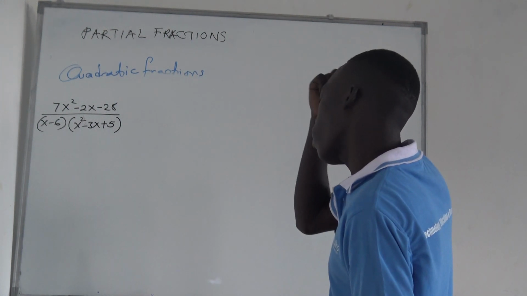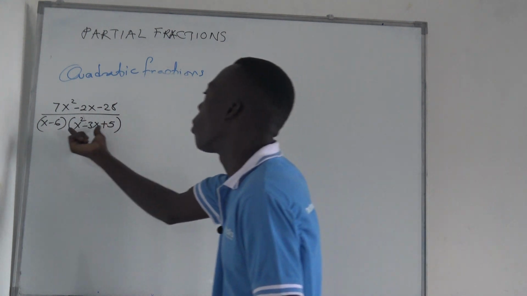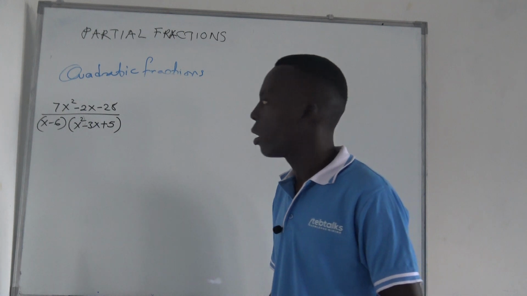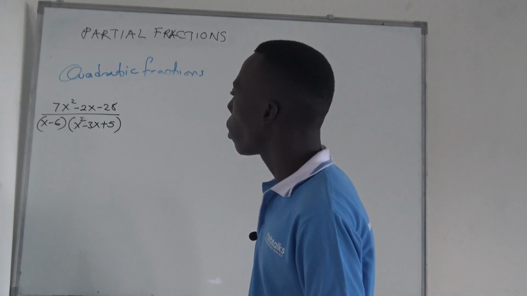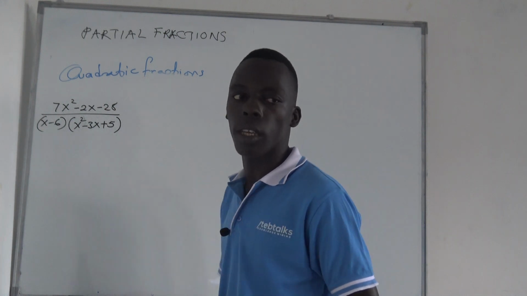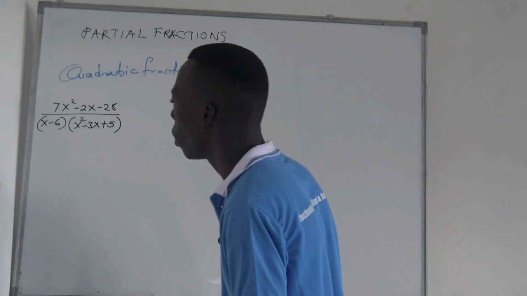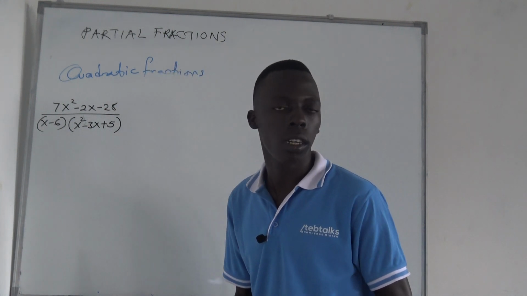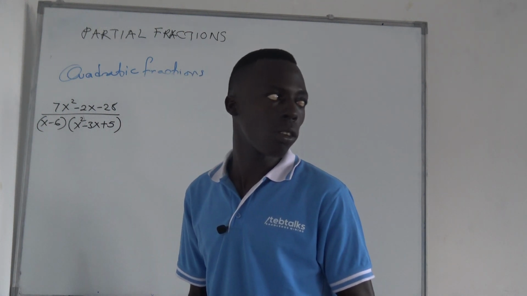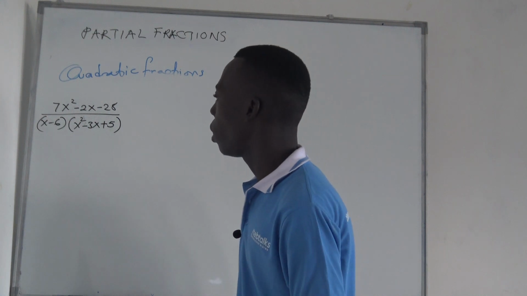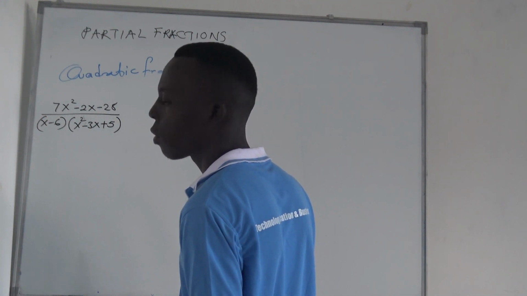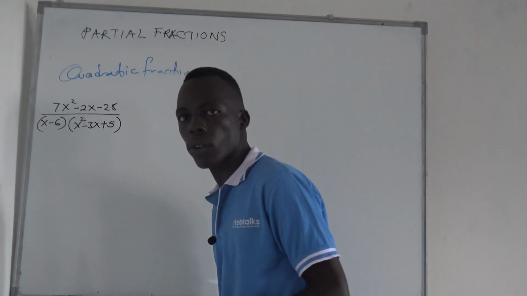So we first check on this denominator. We see the quadratic which they have given us, whether it has factors which can be expressed in the lowest form by just factorizing.